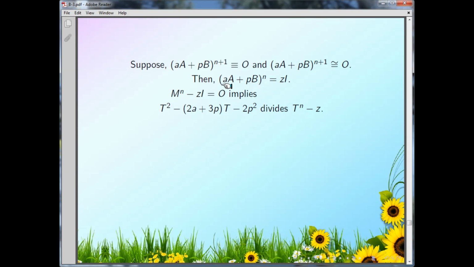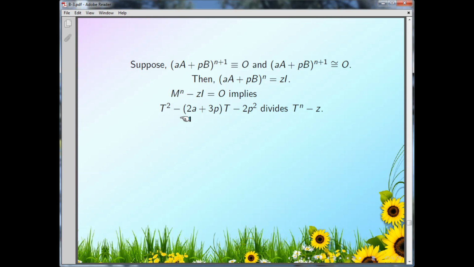Let's write that down. This matrix in arithmetic progression has its nth power equal to the identity matrix times a scalar. So this gives me a polynomial that M satisfies. Because M satisfies this polynomial, and by a theorem, its characteristic polynomial must divide the polynomial this matrix is satisfying. This can be seen as an eigenvalue phenomenon.